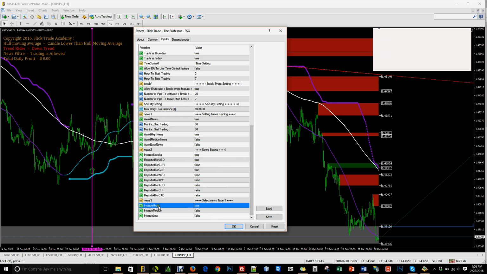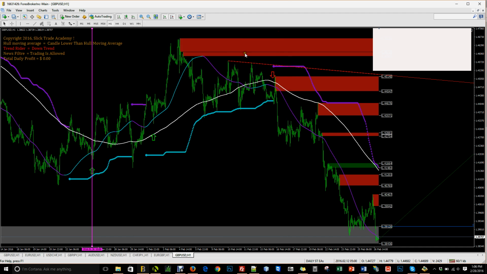And this right here is just the little news box. If you just want to show the news and not actually avoid the news, to see it up there in that right-hand corner, you set that to true for high and or medium and low. So that's what that little box is up there.